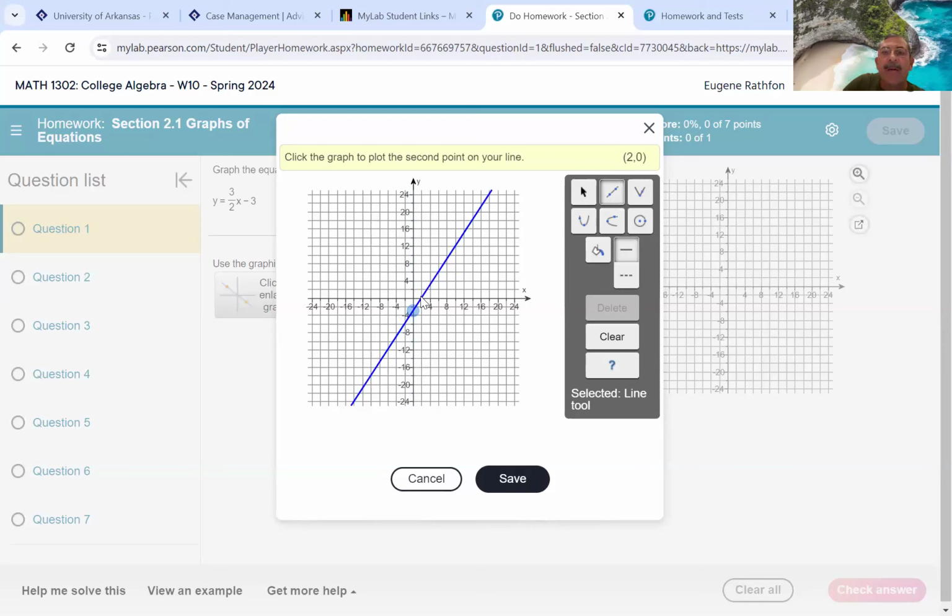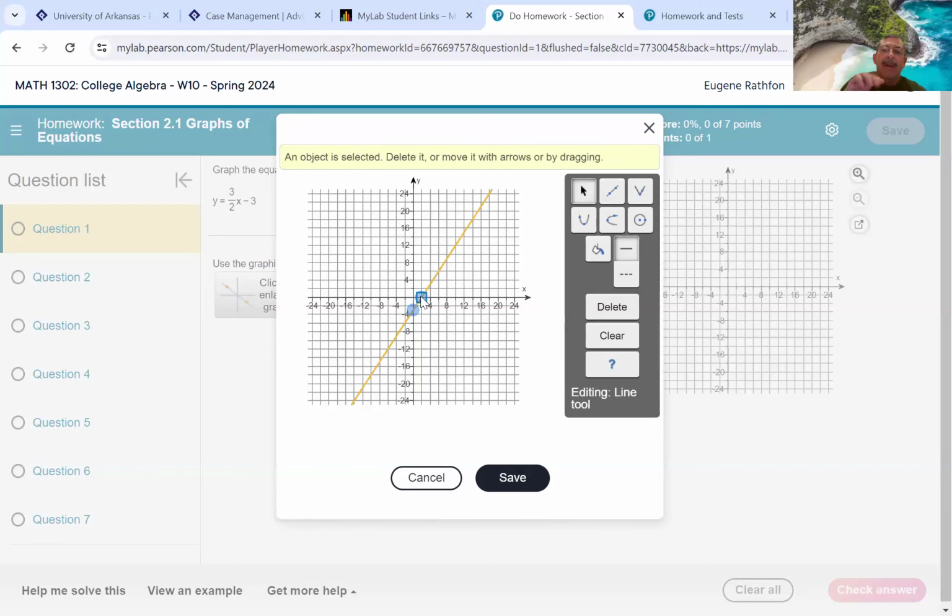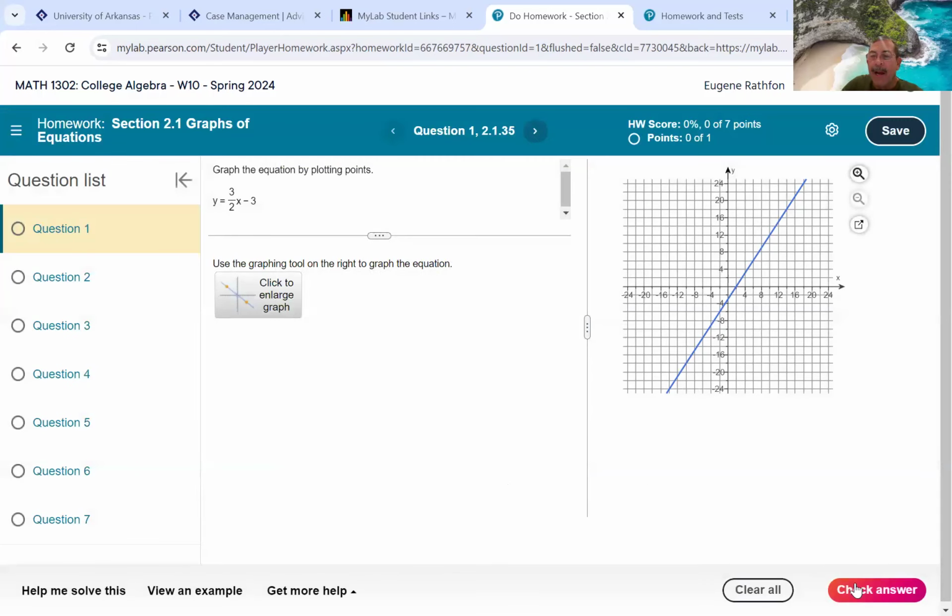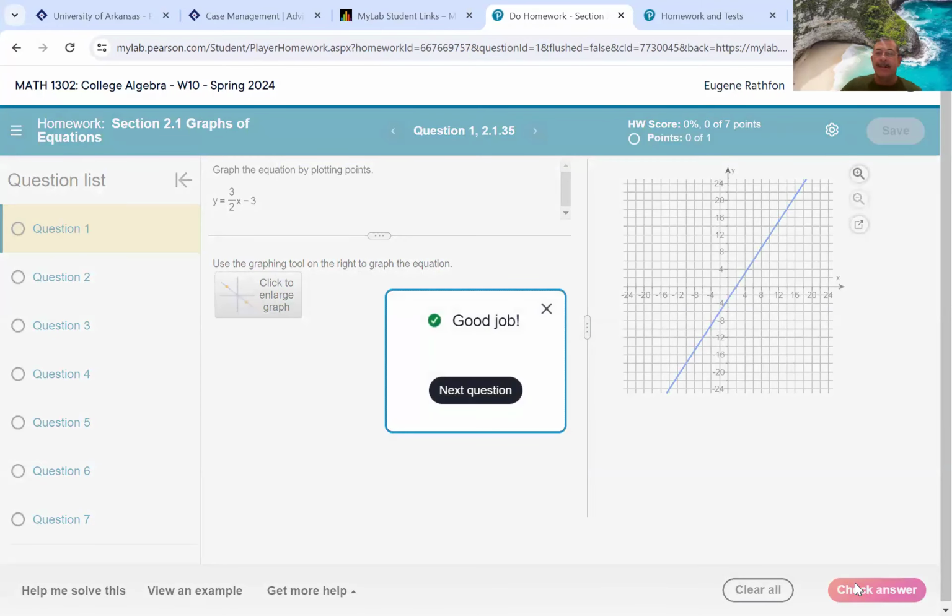And it's showing me I'm at (2, 0), and click. Now you got to remember, this graph is going by 2's for each line, okay? It's going 2, 4, 6, 8. So you sort of got to be in between to get the odd numbers, okay? All right, y'all, at that point, you just hit save. And then in the bottom right corner, you put check answer.